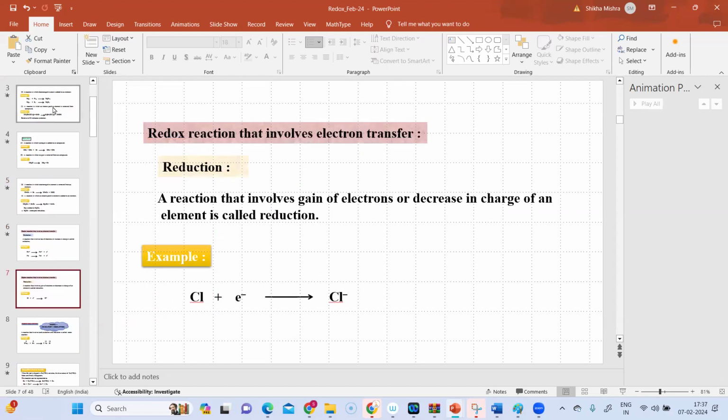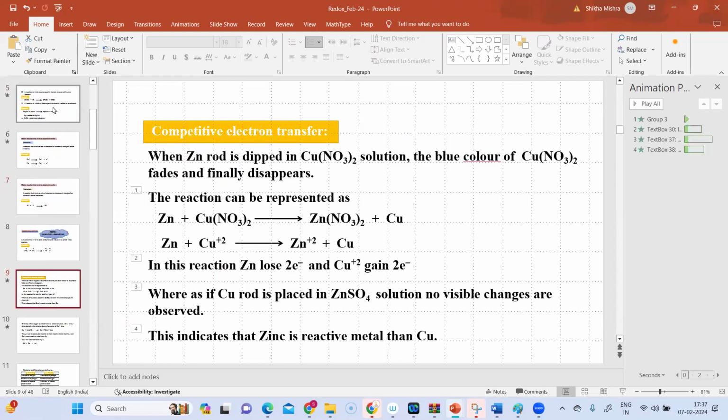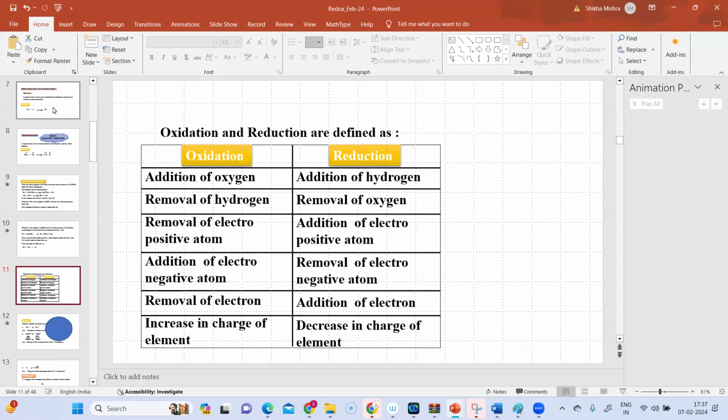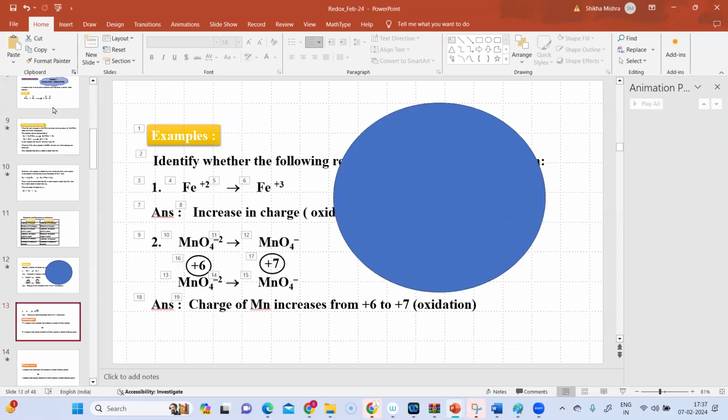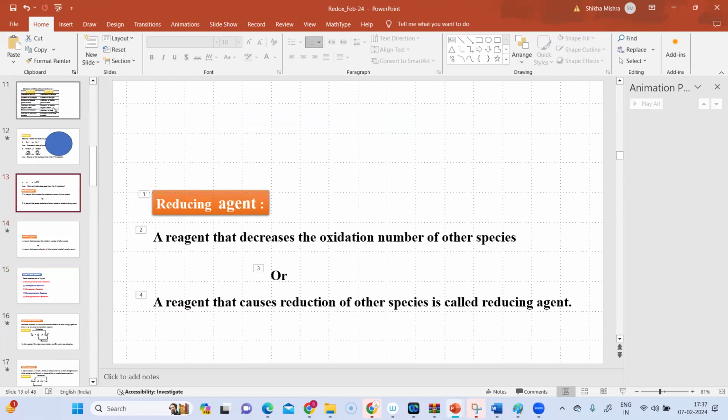I know this thing may not be emphasized in her notes, but this must be there, because this is the basics. We will come back to competitive electron transfer towards the end of the chapter, because otherwise it will not be a happy scene to do that.